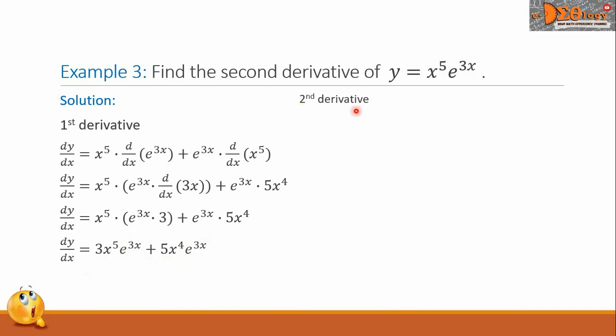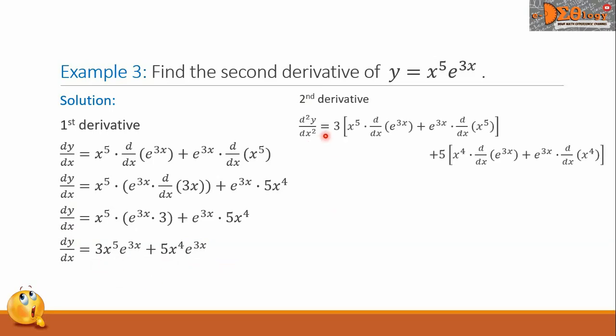For the second derivative, we're going to take the derivative of this dy over dx. And in here, we have two terms that are both products of two functions. So taking the second derivative, we keep the constant outside.